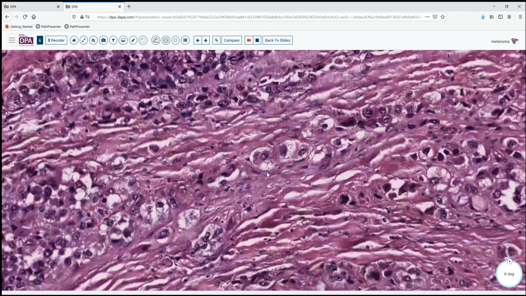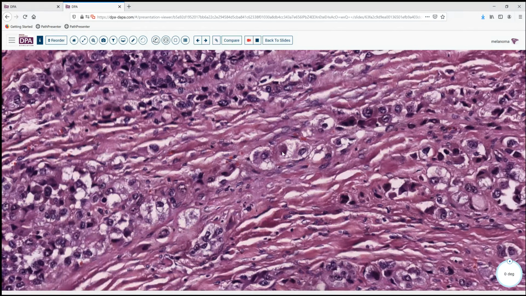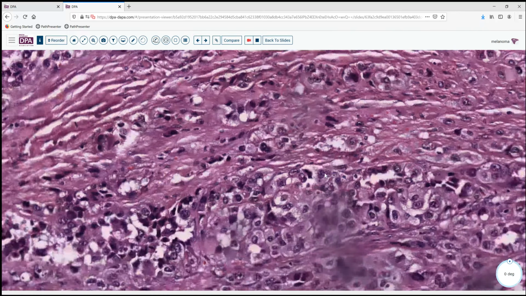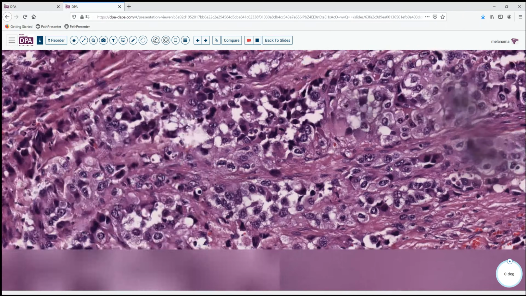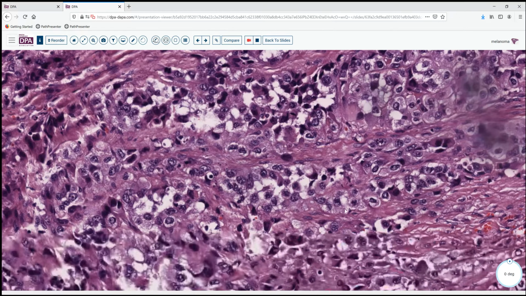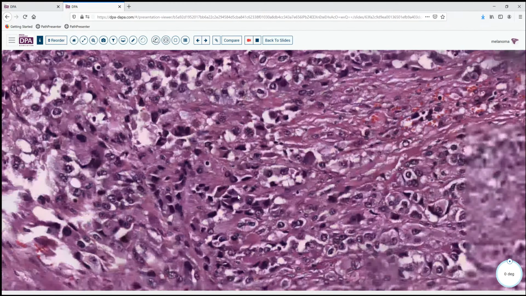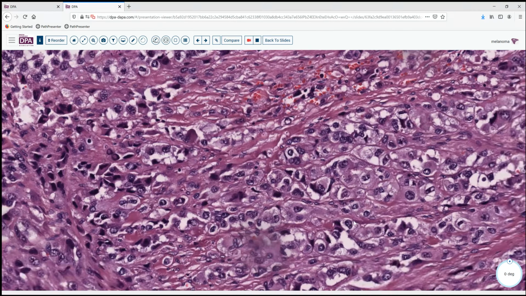Looking a little further, we see this sort of wispiness to the cytoplasm in some areas, almost fibrillar character. And then here we can see a few more of the coarse chromatin pattern, plasmacytoid changes. In a few areas, we saw again these sort of nuclear inclusions.